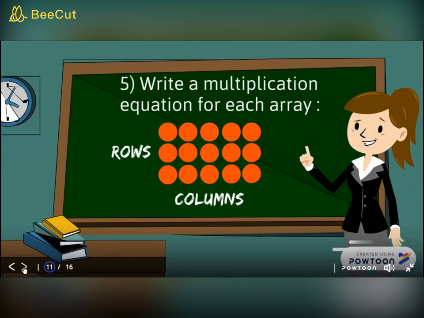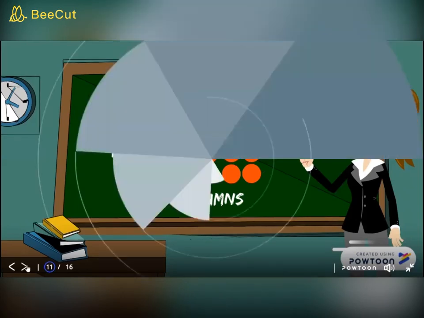The multiplication equation will be what? I want you to say it and write it before I say the answer. We said before the number of the rows times the number of the columns. 3 rows times 5 columns. Let's check our answer.